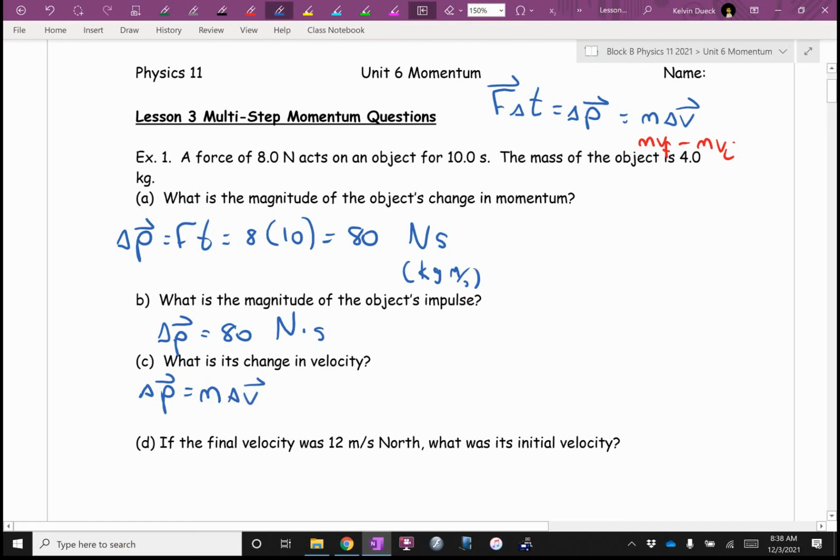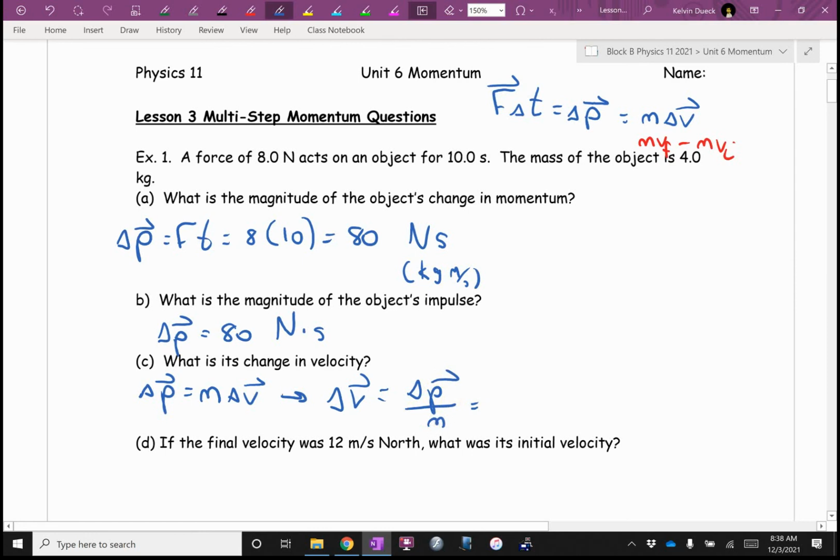Change in what? Velocity. That's what they want me to find. I've never done this before, but okay. How would I get the delta v by itself? How will I move the m over? Apparently, change in velocity is impulse divided by mass.